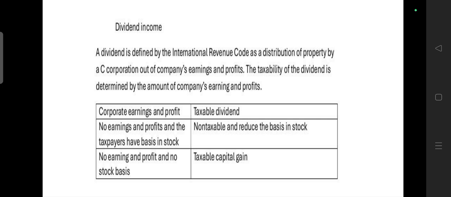I will take the 10 lakh US dollar profit available and divide it by the number of owners, 1 lakh shareholders. So each person will get $10 as a share in the profit. This is the mechanism of dividend.